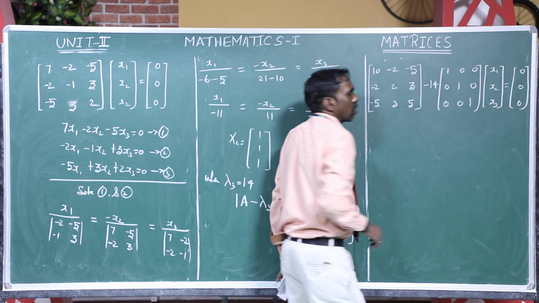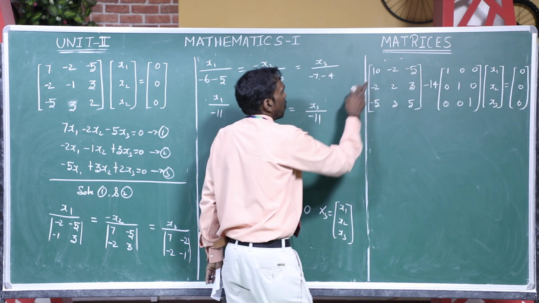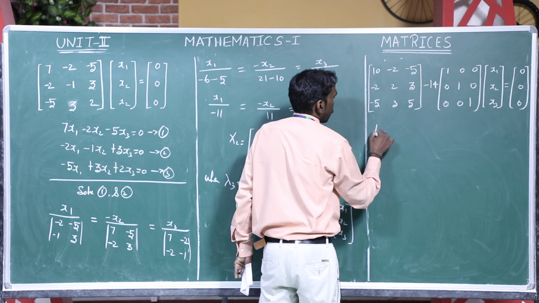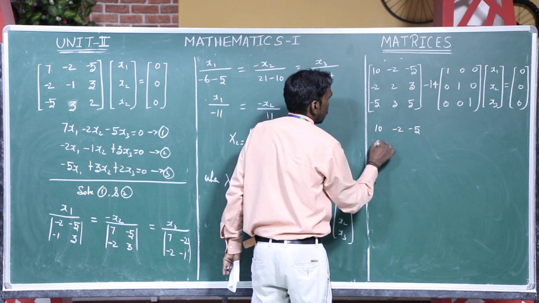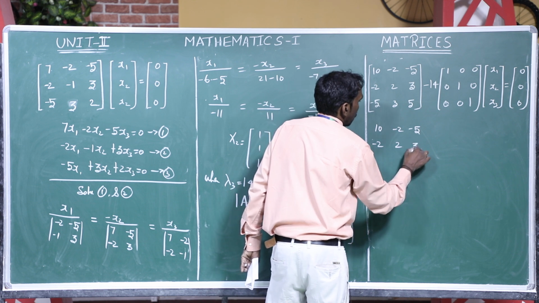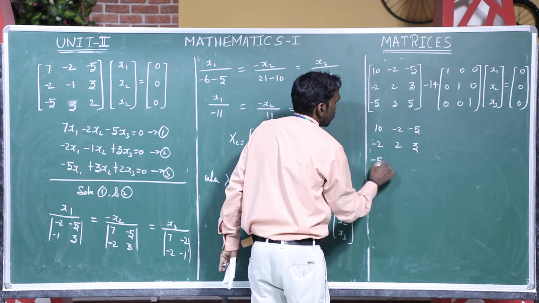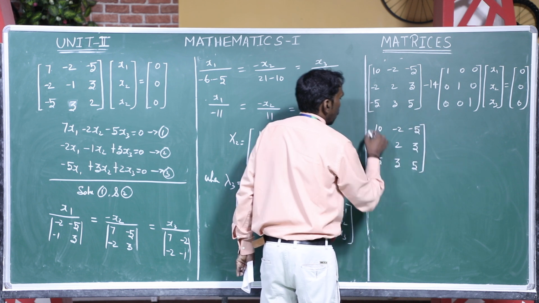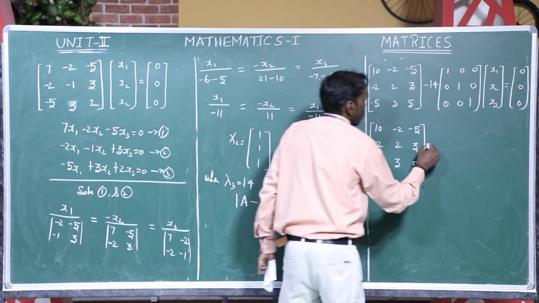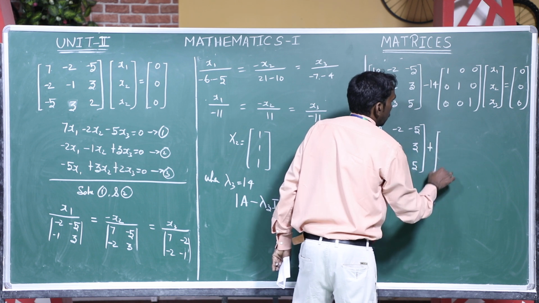So we form the equation directly, you know. This will be 10, minus 2, minus 5, here minus 2, 2, 3, here minus 5, 3, 5. So this is our A. I can put a plus sign and multiply with minus 14.